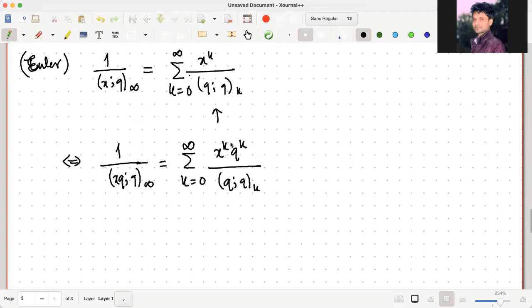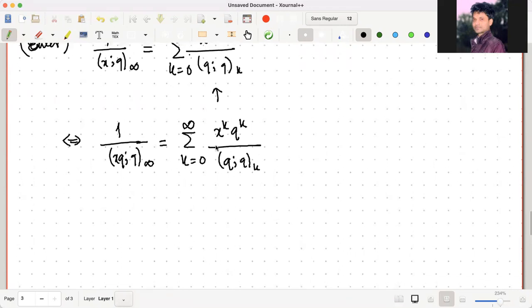So the coefficient of x to the power k here is the generating function for partitions into exactly k parts. Okay, the coefficient of x to the power k in this one is the generating function for partitions with at most k parts, and here the coefficient of x to the power k is the generating function for partitions into exactly k parts.